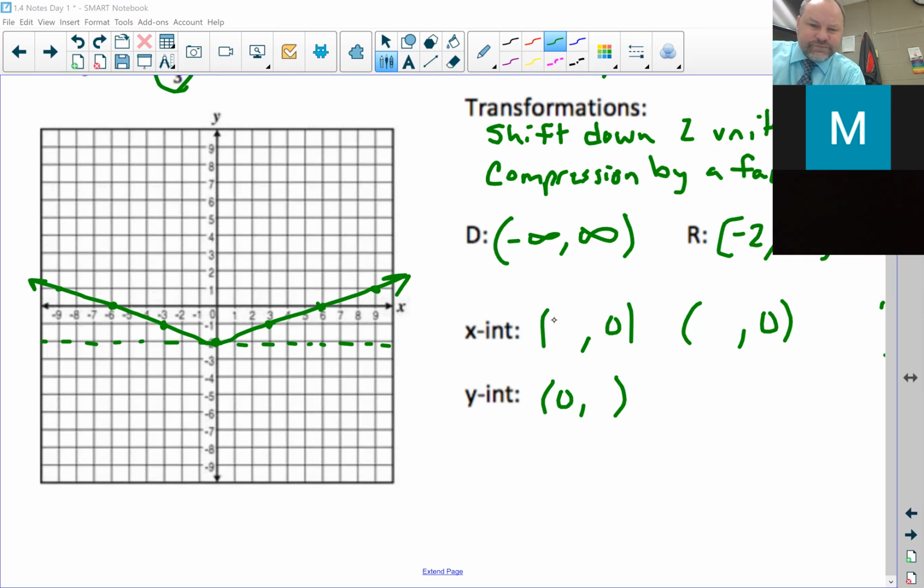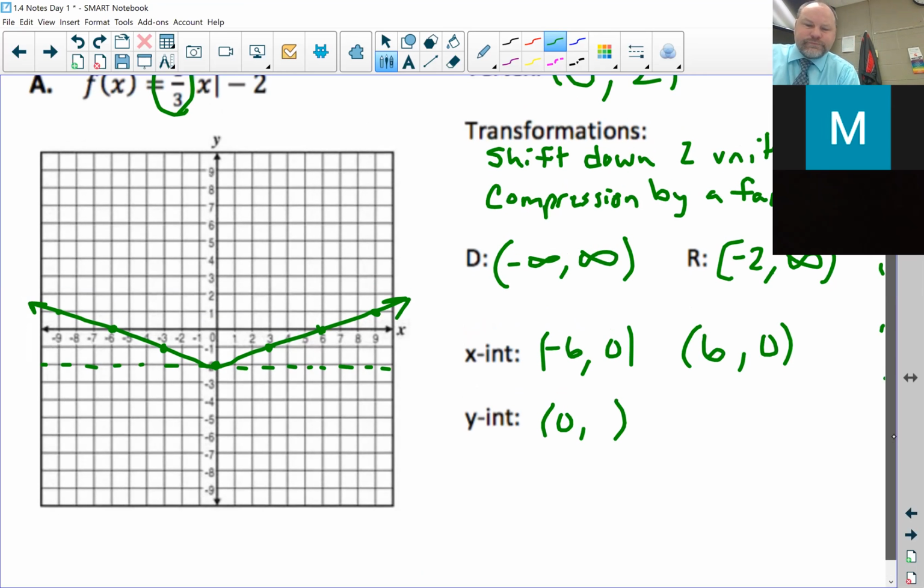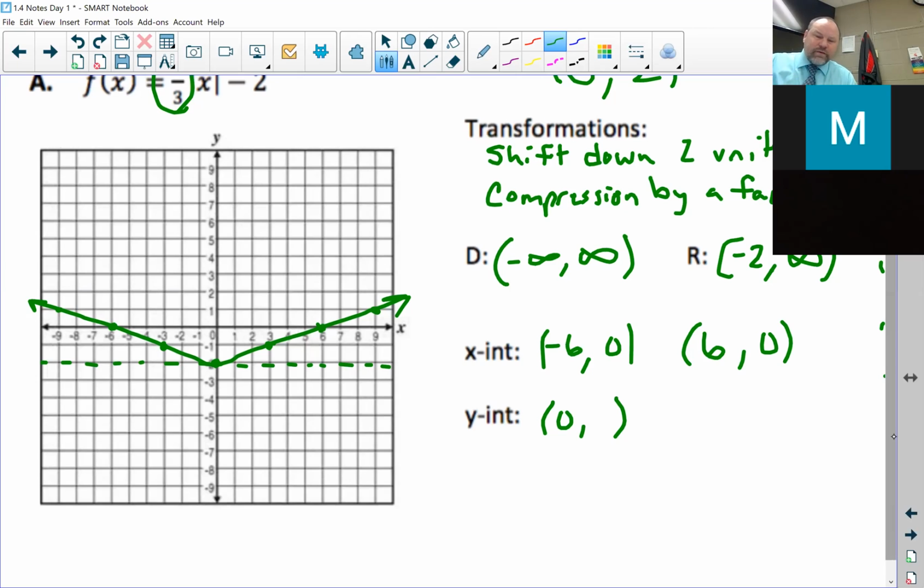Excellent. And what is the y-intercept? Excellent. -2 is correct.